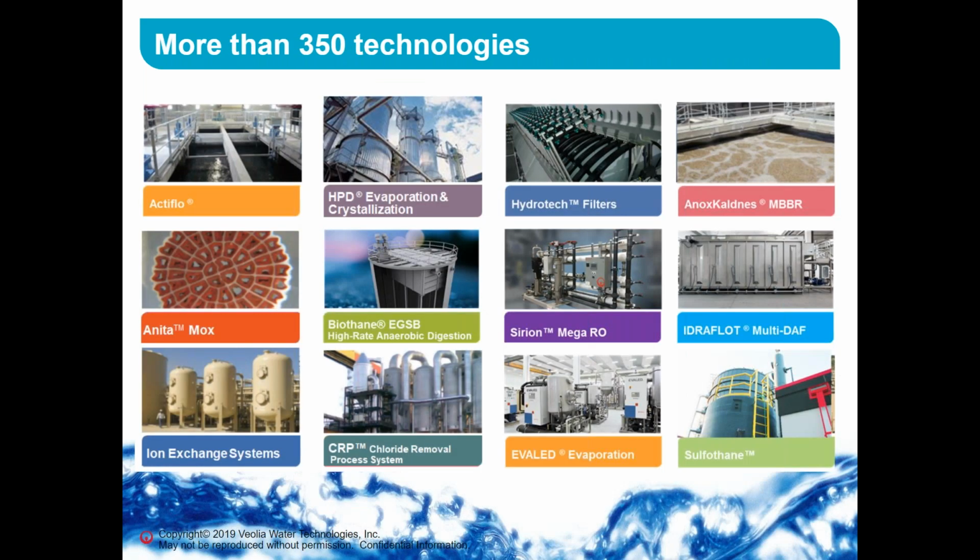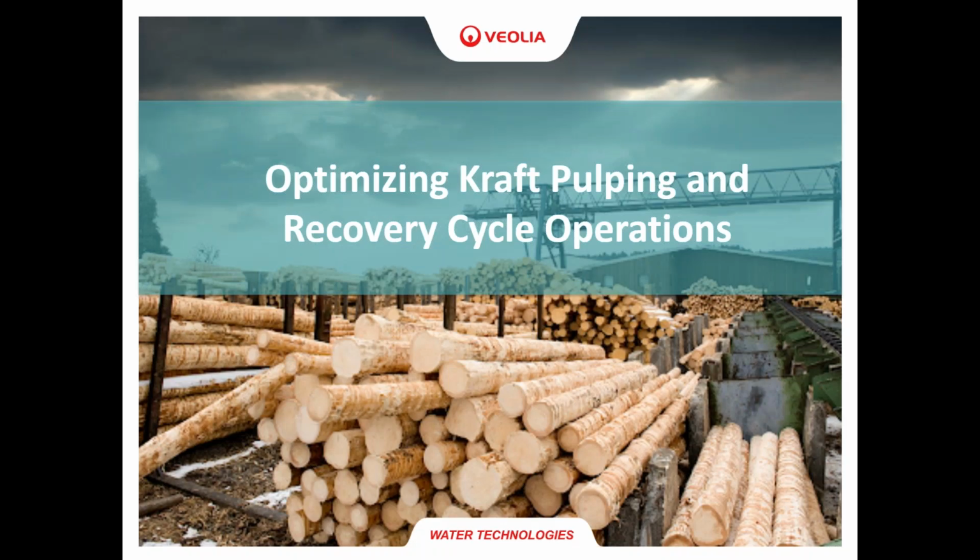We do this with more than 350 technologies that we use to integrate, and you can see some of those technologies listed there. And today we're going to talk about CRP as one of them, as well as some other evaporation technologies. So we're going to enter into our technology presentation, optimizing Kraft pulping and recovery cycle operations.